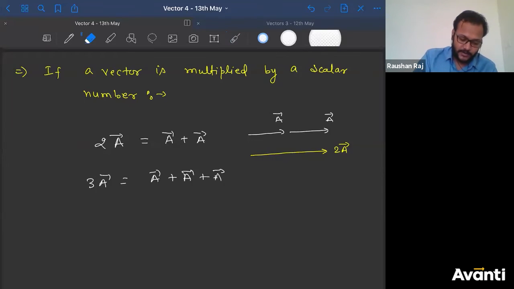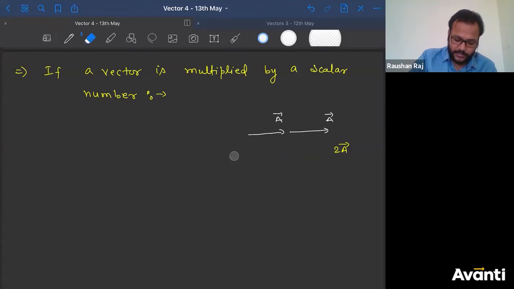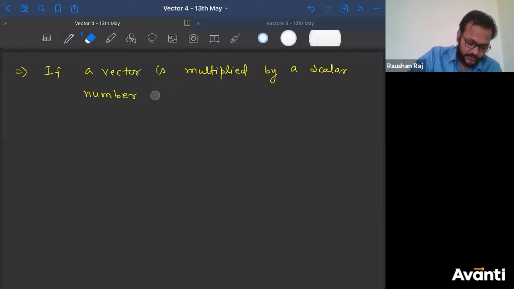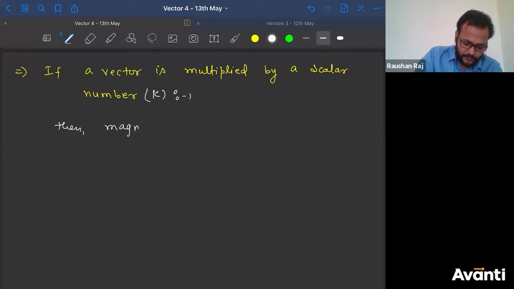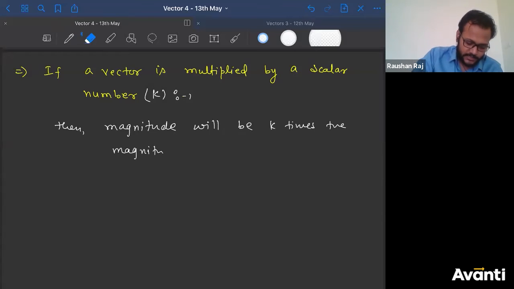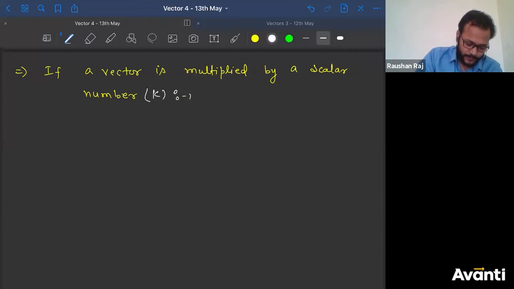तो इस चीज का आपको ध्यान रखना है. Okay, so ये तो एग्जांपल था. Let me give you that final conclusion here. So if a vector is multiplied by a scalar number, let's say k, then magnitude will be k times. ओके, ऐसा लिखता हूँ.